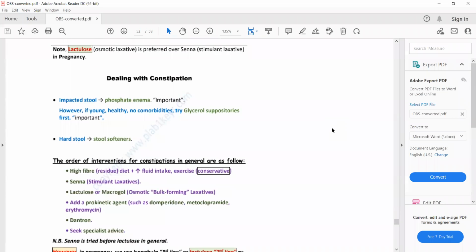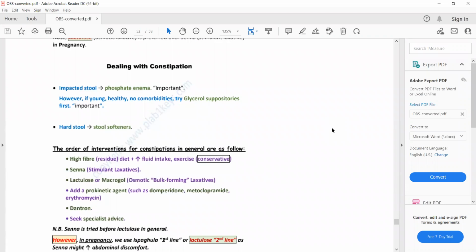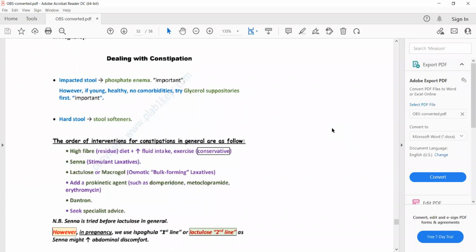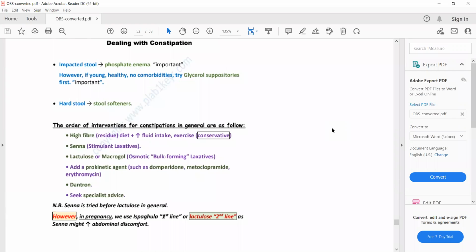Now, dealing with constipation in general population, we discussed it already in the gastroenterology chapter, but we'll have a short revision. For a nursing home patient who presents to you with constipation and there is impacted stool on examination, we use phosphate enema.